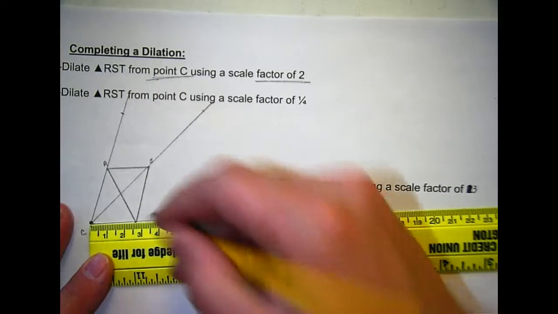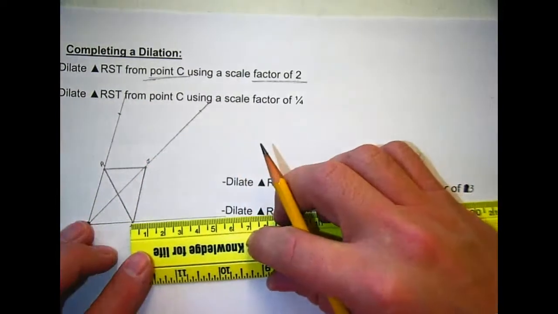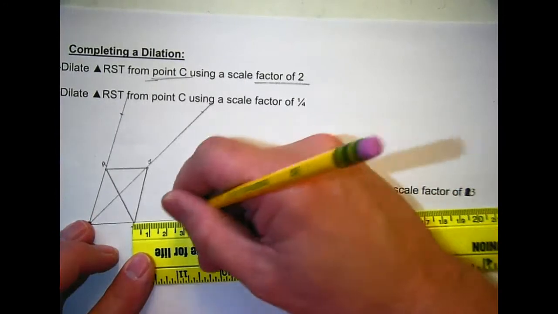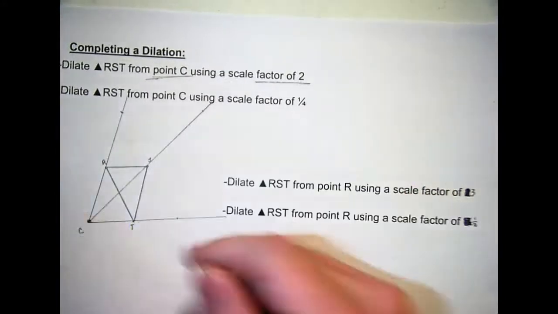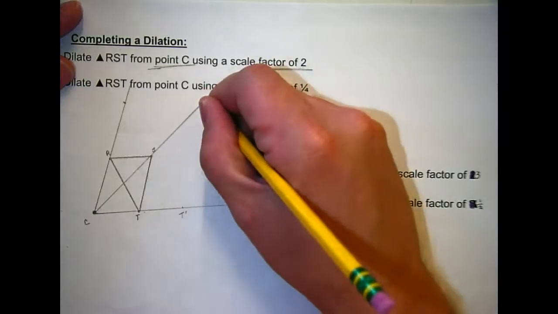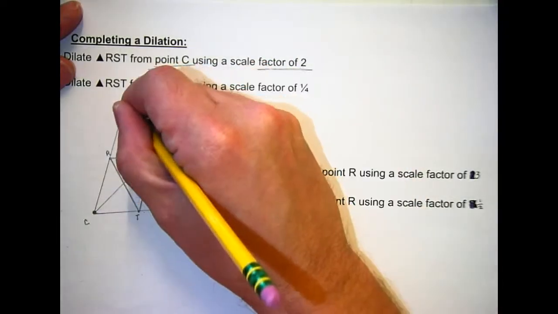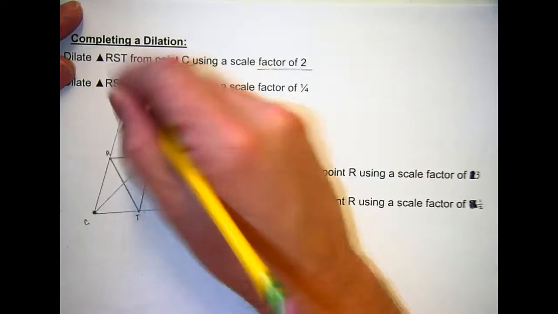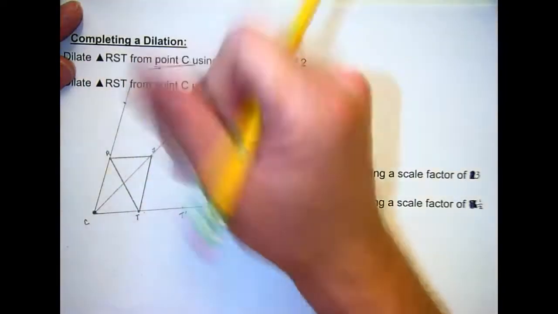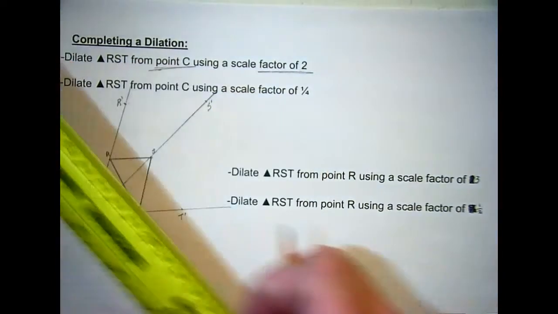All right, 2.6-ish. So out from T, we'll go 2.6-ish. That is right there. So we have T prime. We have S prime. And we have R prime. And then I connect them.